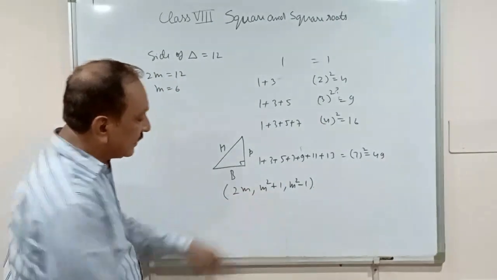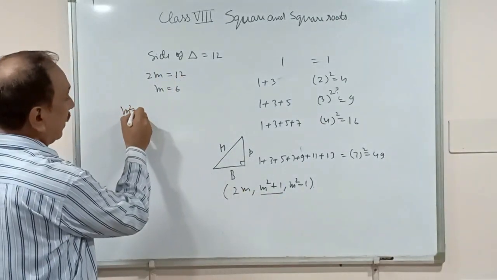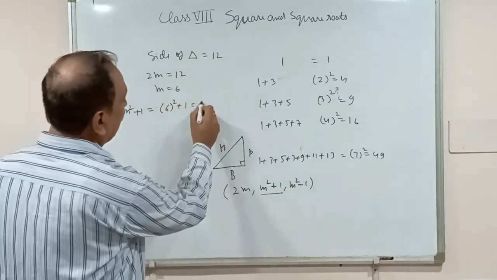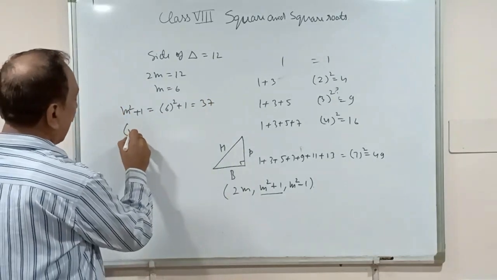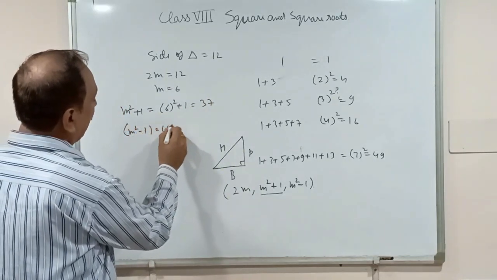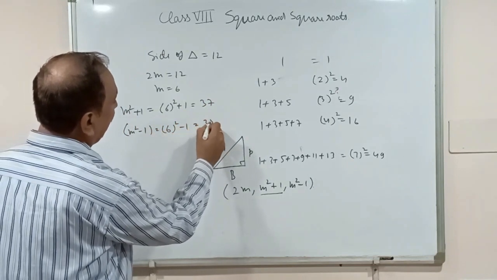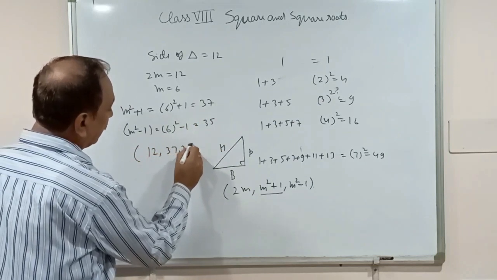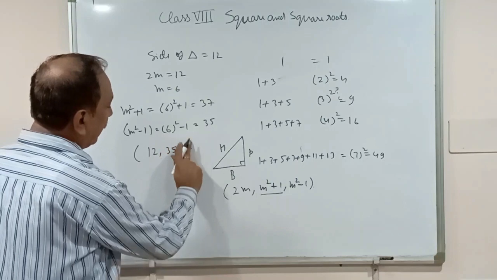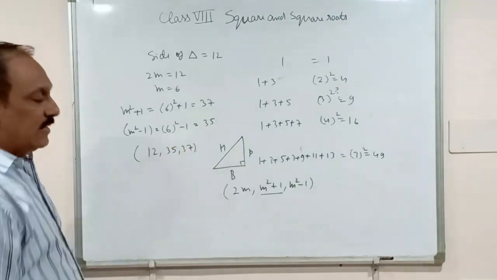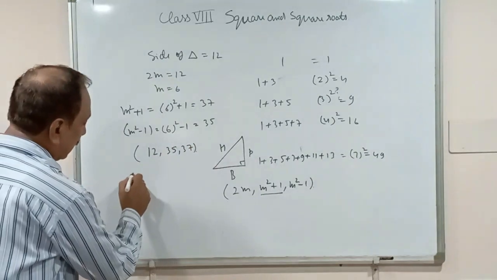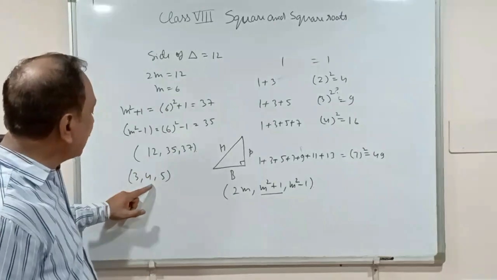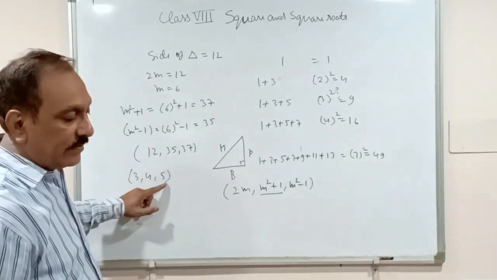Then putting value of m in this, m square plus 1 is 6 square plus 1, 36 plus 1, 37. m square minus 1, 6 square minus 1, this is 35. So this is a combination of 3 sides: 12, 35 and 37. Next combination is 3, 4 and 5. You have to check it. 3 square is 9, 4 square is 16, total is 25, square of 5.